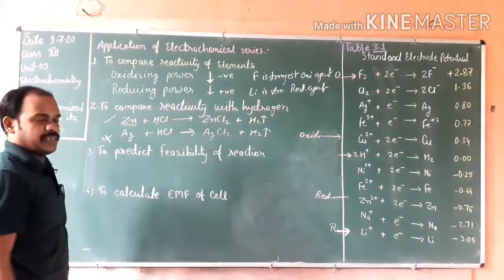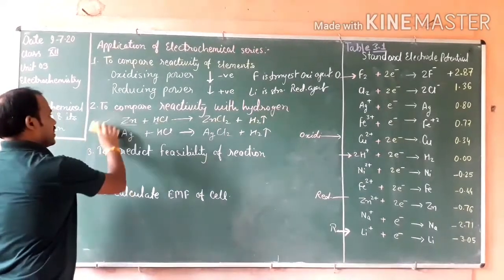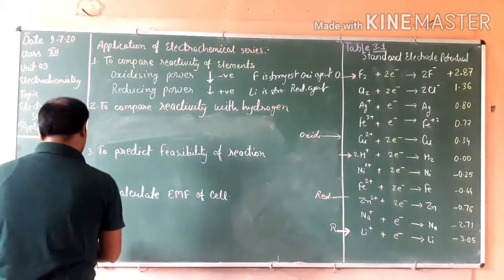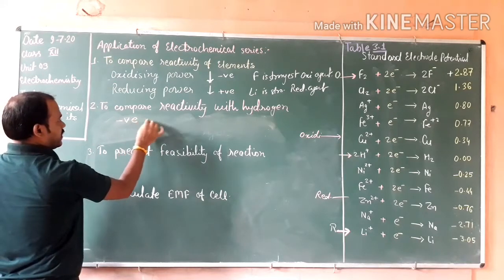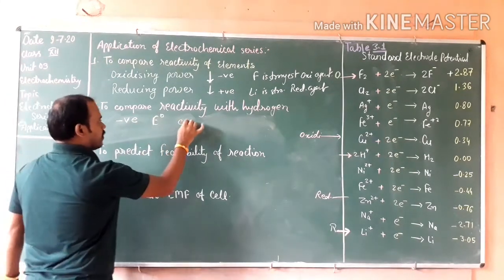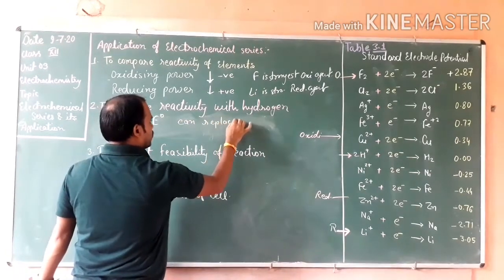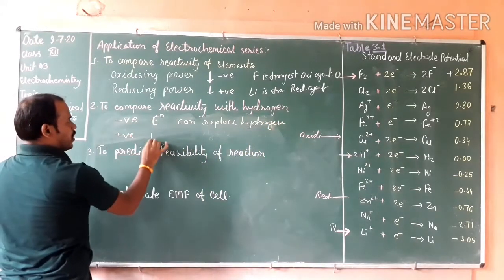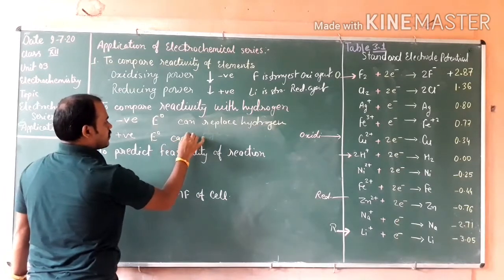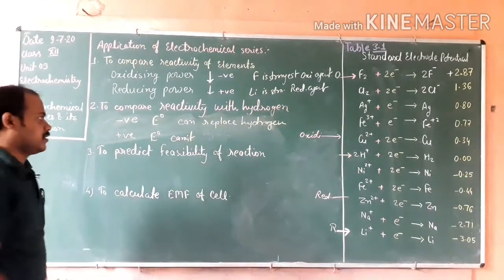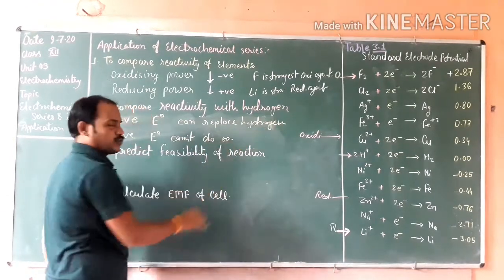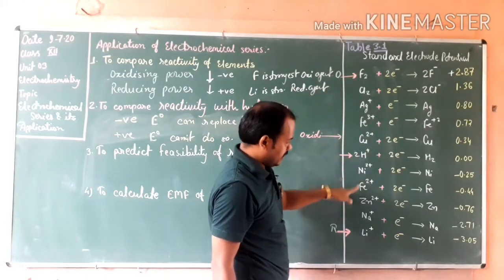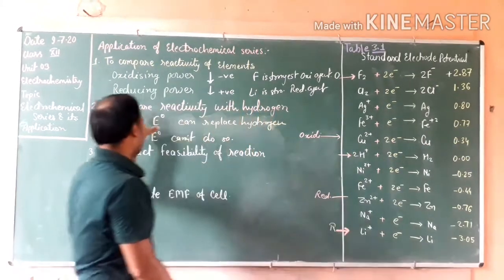So to compare reactivity with hydrogen, we can conclude that elements which have negative electrode potential can replace or displace hydrogen, and positive electrode potential elements cannot do so. This is the second point.